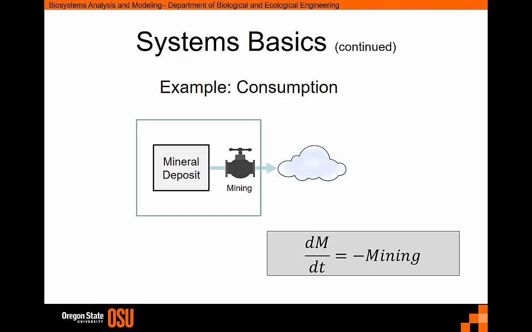As before, integrating this equation will allow us to predict the stock of mineral deposits at any point in time, given an initial mineral level and the rate at which mining will occur. Also note that, although we are describing mineral extraction, the conceptual model is valid for any consumptive process. The details will vary with the process being captured, but the general approach remains the same.